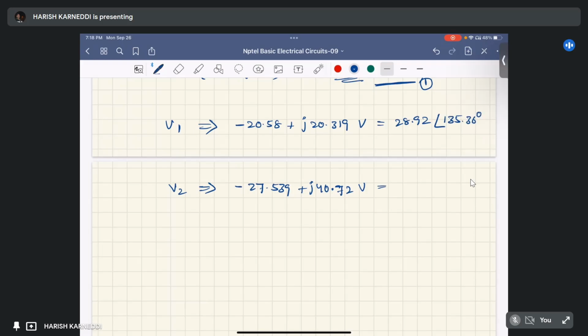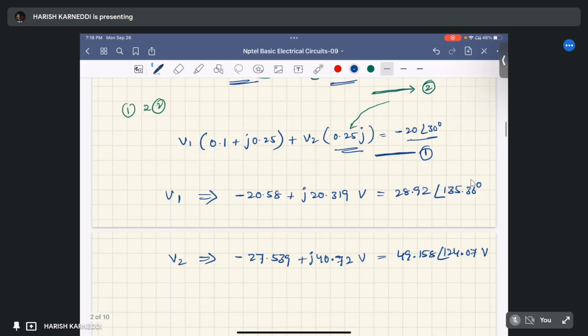What about V2? V2 is minus 27.539 plus 40.72 J. In polar form, it is 49.158 at an angle of 124.07 volts.